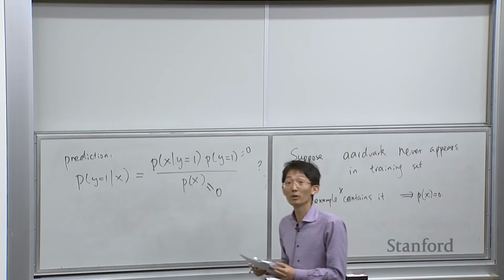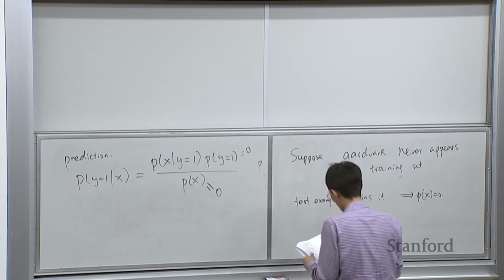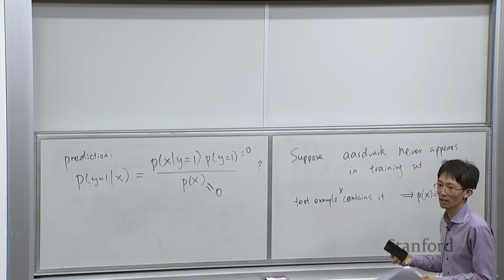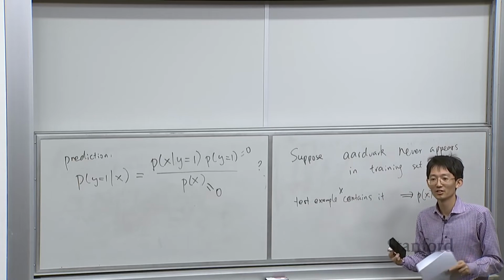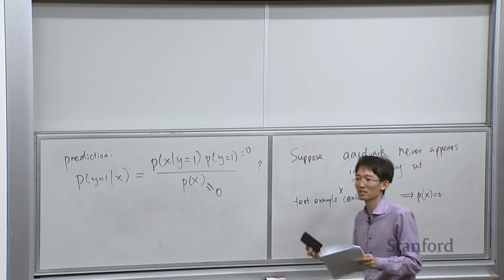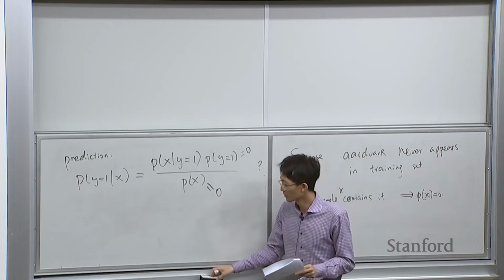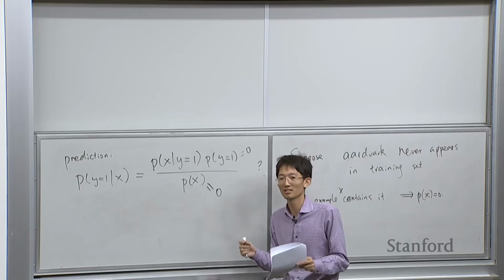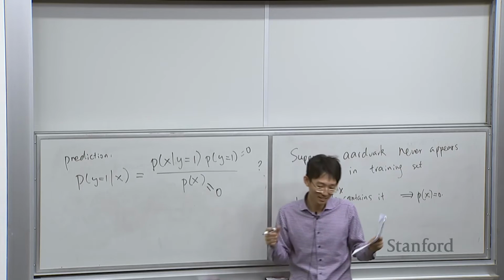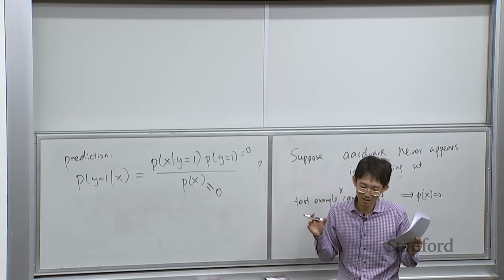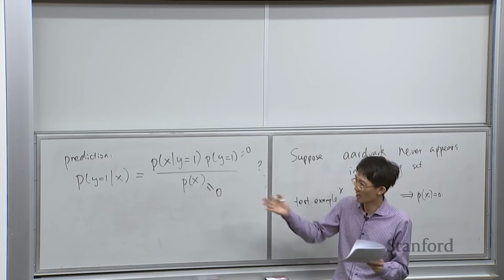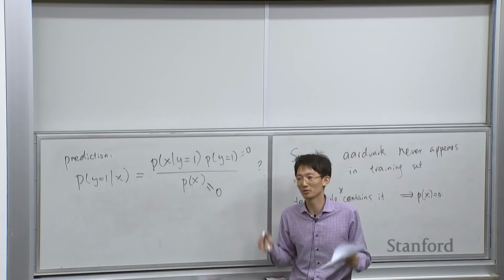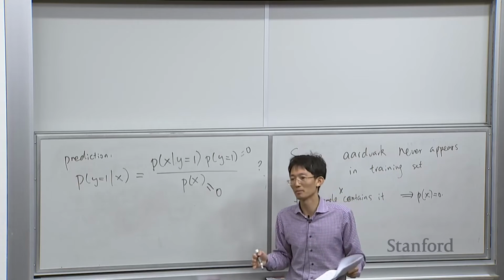So the way we deal with this is so-called Laplace smoothing. In some sense, this is a way to introduce a little bit of prior so that you don't 100% trust your training set. So basically what we are seeing here is that you trust your training set 100%, religiously in some sense. You haven't seen the word advoc in the training set, and because of that you just say this word shouldn't show up at all.